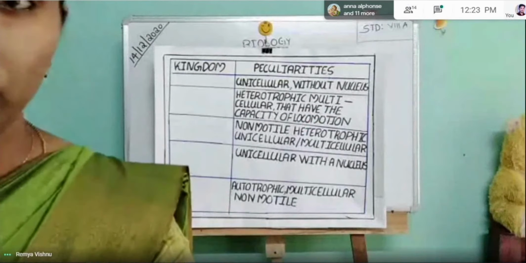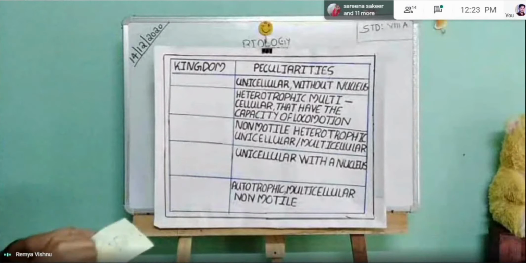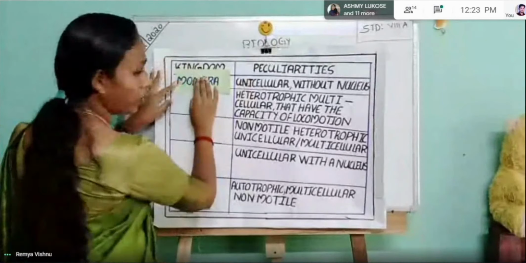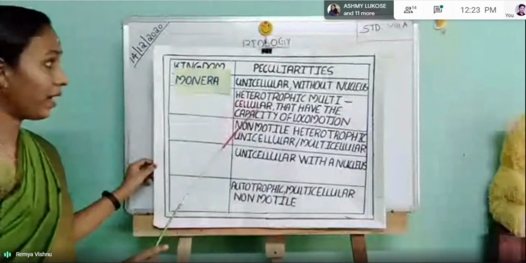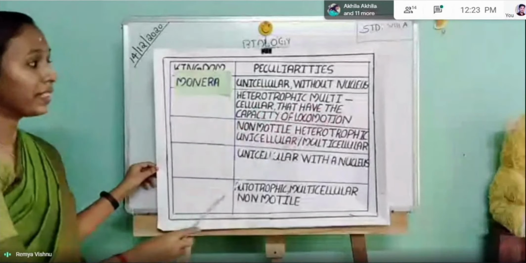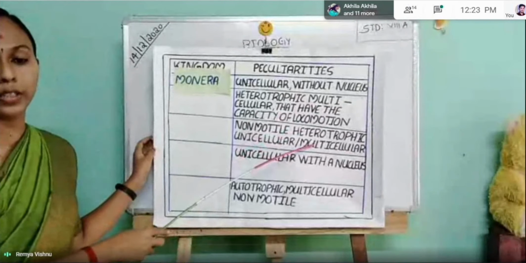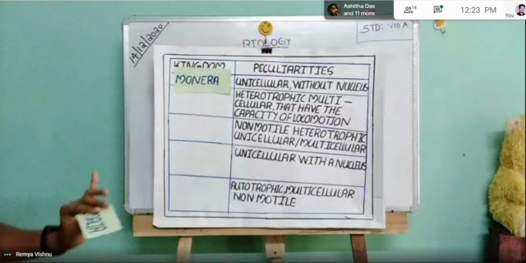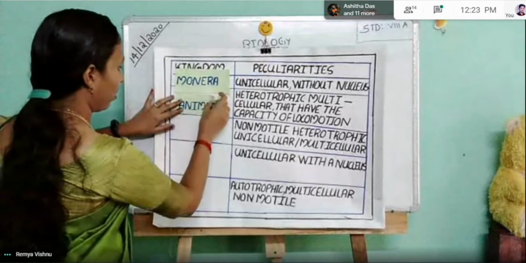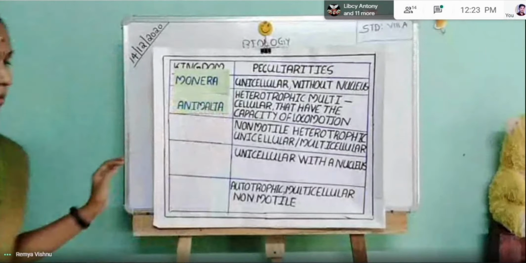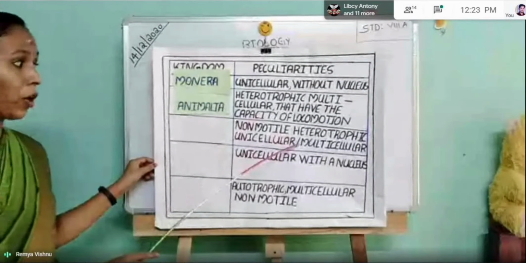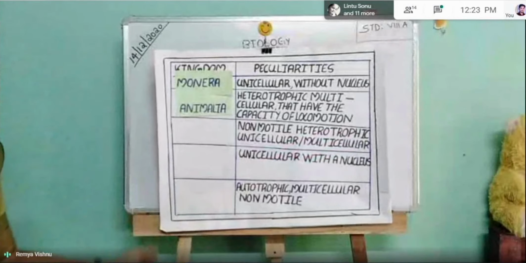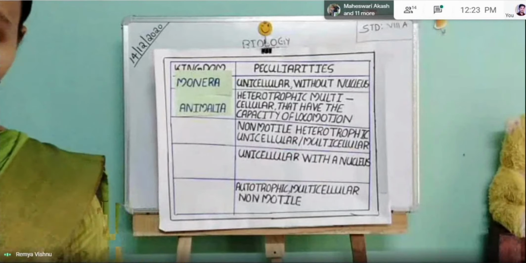Okay, very good. And the next is they are heterotrophic, multicellular that have the capacity of locomotion. Animalia. Okay, very good. The next is non-motile, heterotrophic, unicellular or multicellular organism. Fungi. Okay, very good.